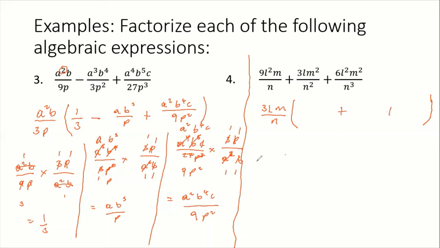All right. So now, first one would be 9L squared M all over N multiplied by the inverse, which is just N all over 3LM. So note M into M, that's 1.